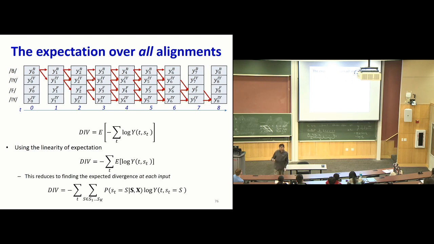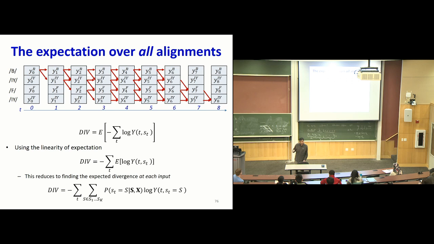The expectation is a linear operator. I can move this expectation in, and that's going to be the negative of the sum over all time of the expectation of the log probability of the symbol, right? And what is the expectation of the negative log probability of the symbol?